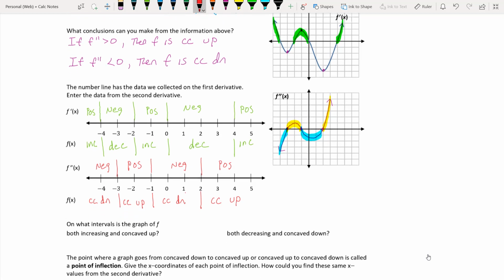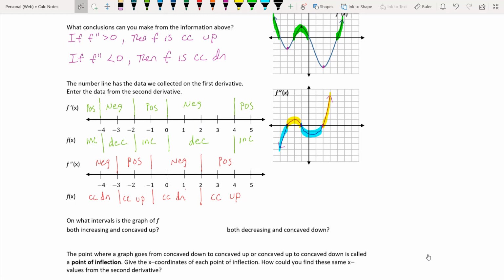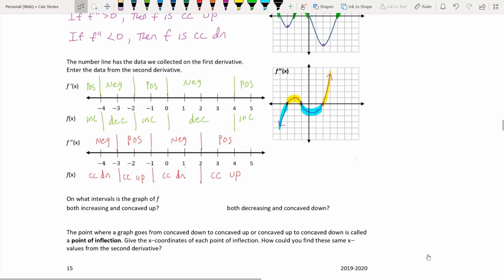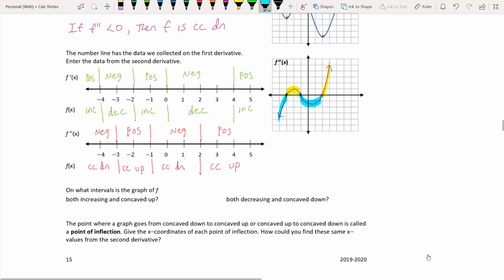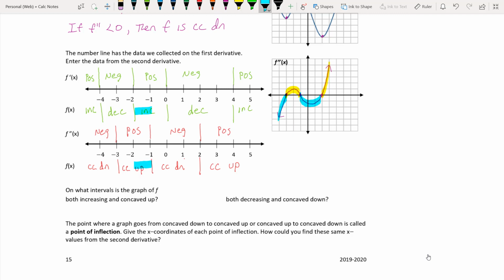All right. It says, on what intervals is the graph of f both increasing and concave up? Let's look at that again. Increasing and concave up. So I need to look at f. I see f is increasing from negative 2 to negative 1, and I'm also concave up from negative 2 to negative 1.